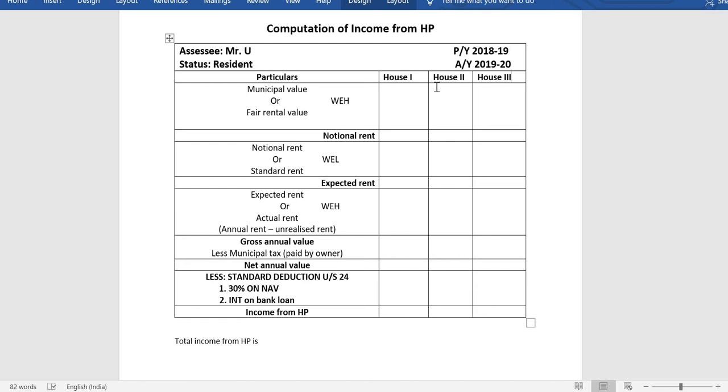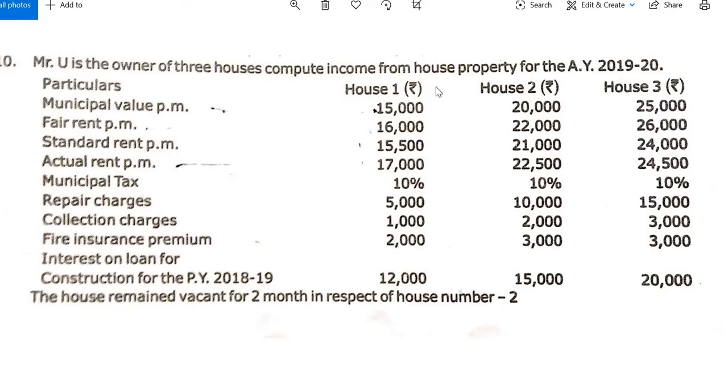The first thing here is municipal value or fair rental value, whichever is high. We will check the municipal value first. Municipal value per month is given. If anything is given per month, you need to convert it to per annum, for the year. So it is given per month: 15,000, 20,000, 25,000. How to calculate?